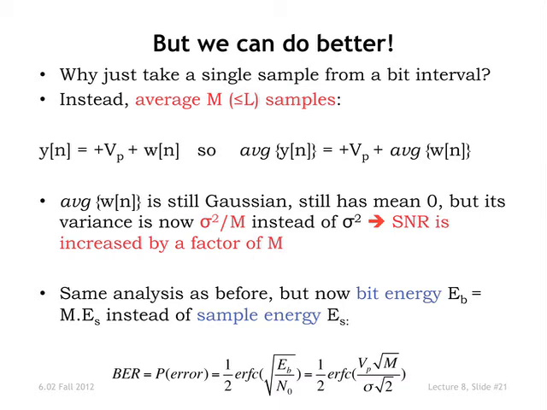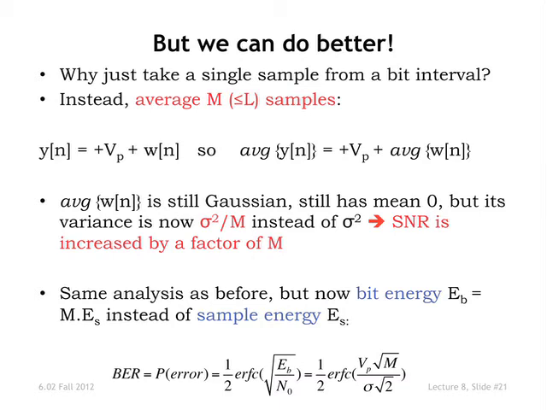So all I need to know for this average W, since it's Gaussian, is what its mean and its variance are. It turns out if you add up a bunch of zero mean random variables, you get something with zero mean, no surprise. And if you take the average, then the variance actually drops by that factor M. So what you're going to do is take the average of the signal, average of the noise.